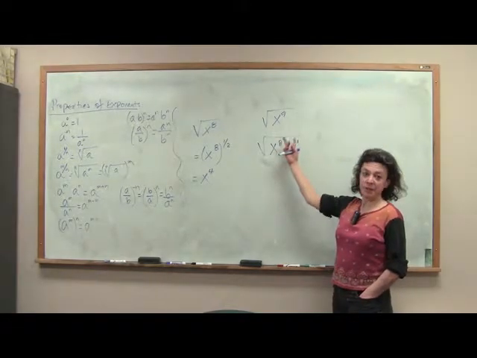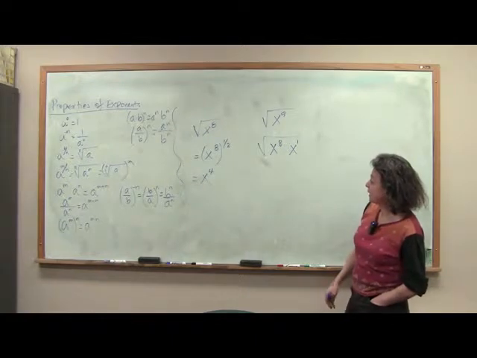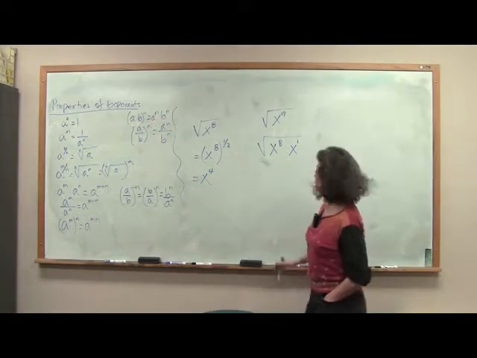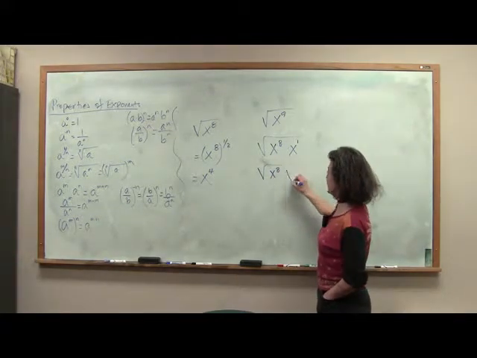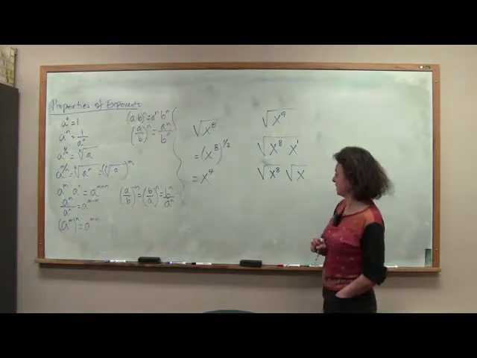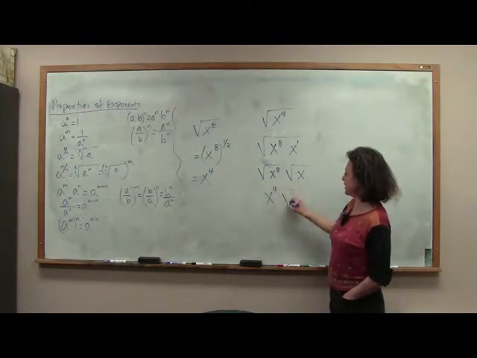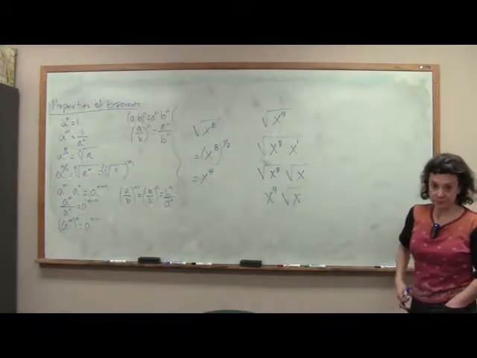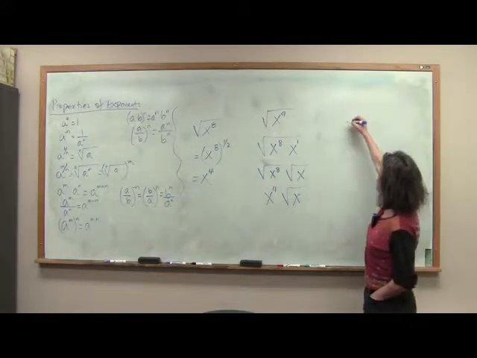Why? Because when you multiply two things with the same base, you add your exponents. Now what I can do is essentially use this property here. That's essentially saying, well, that's the square root of x to the 8th times the square root of x. We just saw the square root of x to the 8th is x to the 4th, and so this is our final answer.